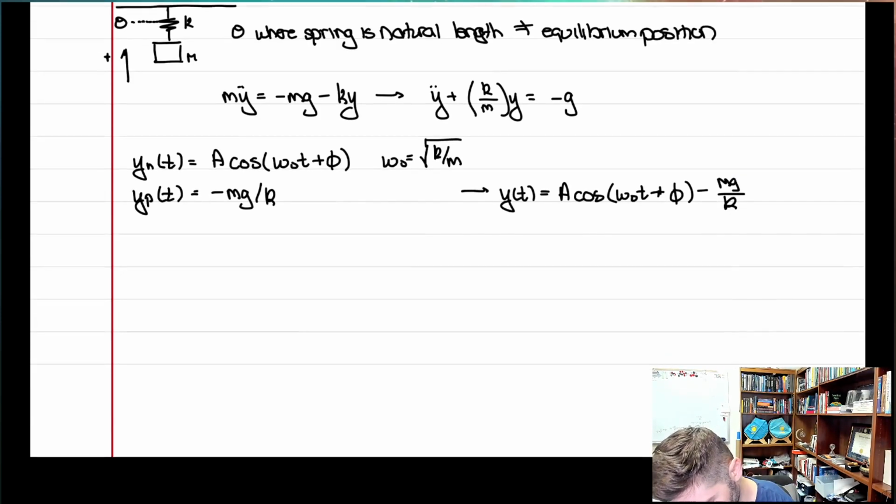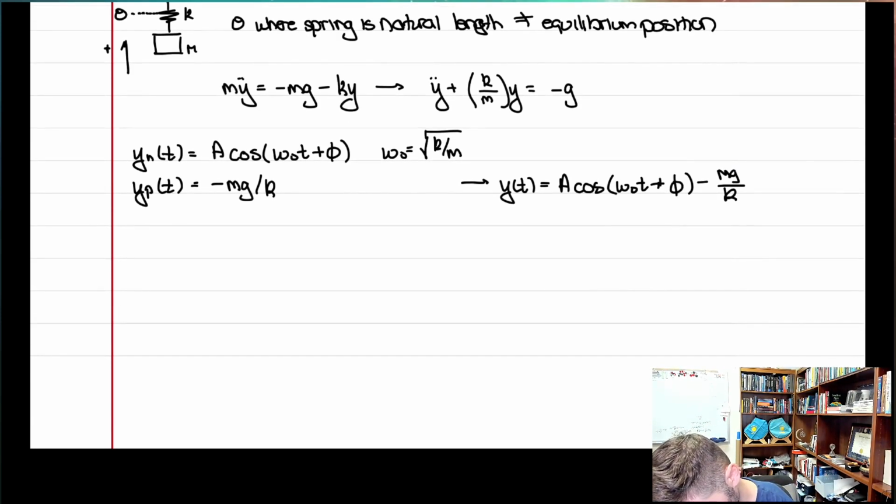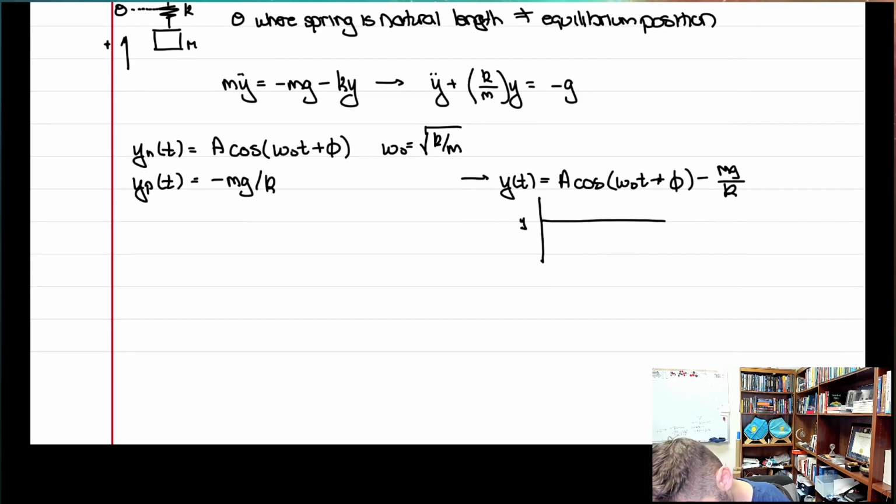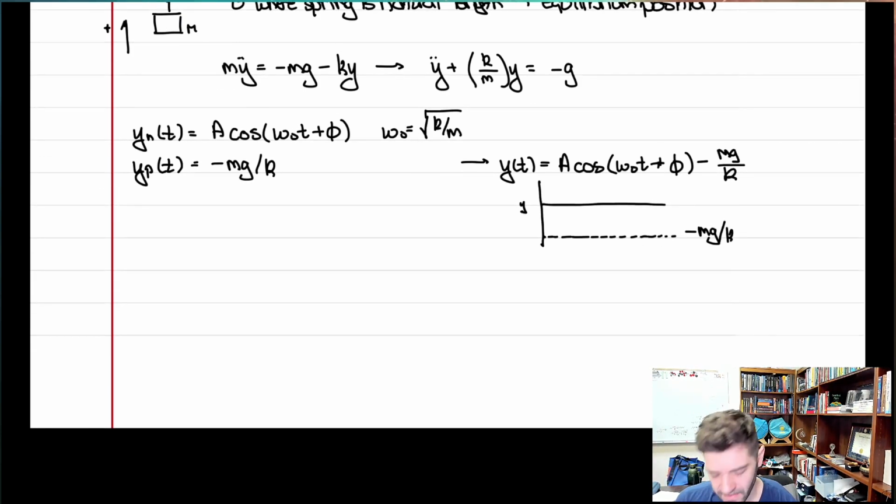So if I were to plot this, here's where y equals 0. Here's negative mg over k. That's just a constant, but then the other thing is a trig function, so depending on my initial conditions, it's going to do something that might look like this.